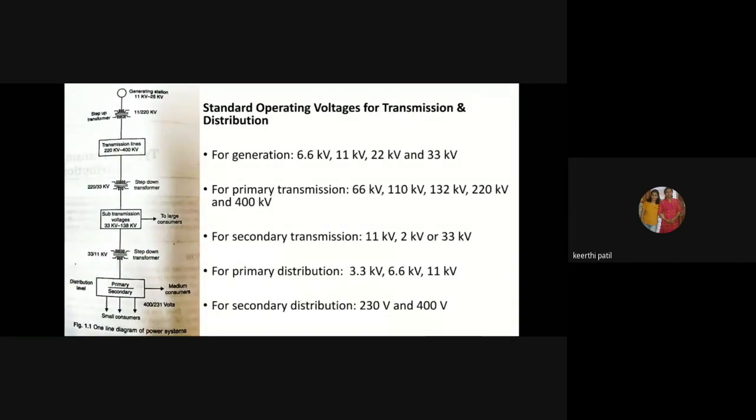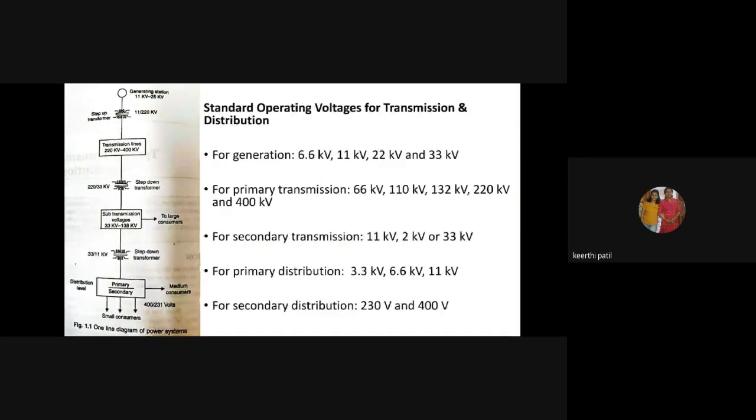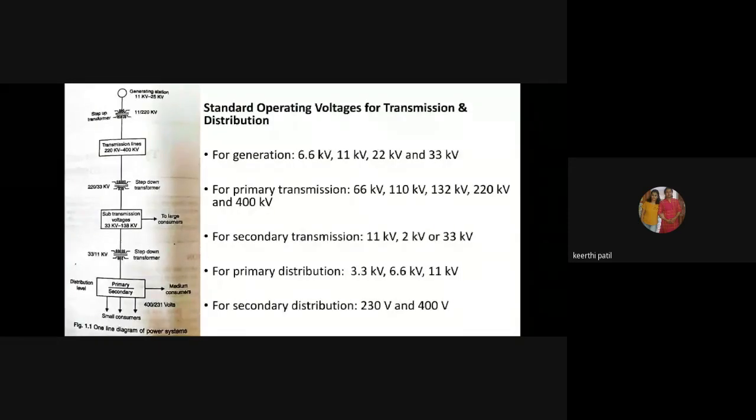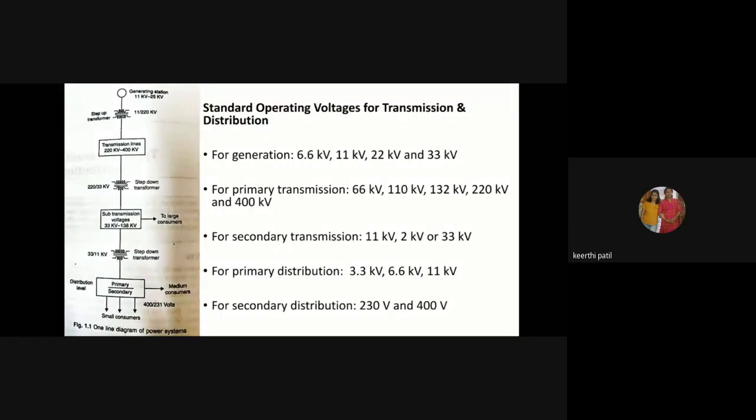From there it goes to large consumers, because some of the industry requirements need very high voltages and they are considered as large consumers. So it is the voltage levels and the capacity or the functioning of that part that we classify as large consumers or medium consumers. So it is basically the voltage level. Okay.